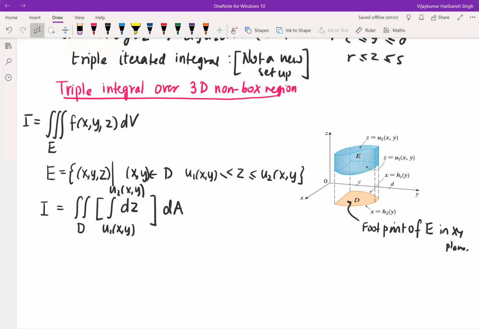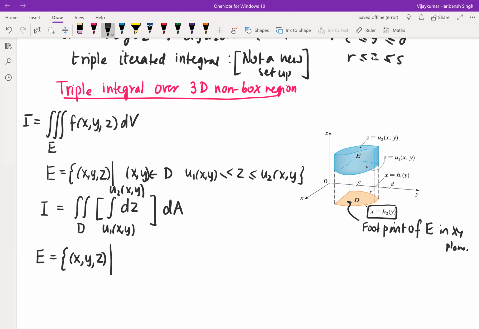Now, however, your D is in special form as well. So how does your E look like? Let me write down the whole E in terms of inequalities in x, y, and z. Again, why are we doing that? Because to compute the triply iterated integral, we need bounds on each of those variables. In this region, we can see that D is an x first region.